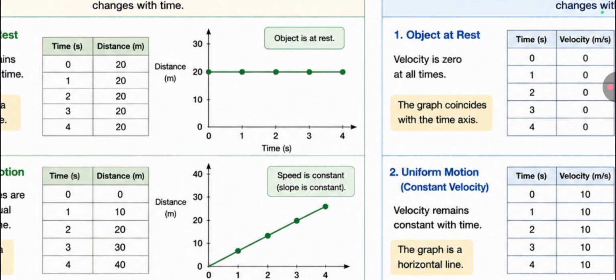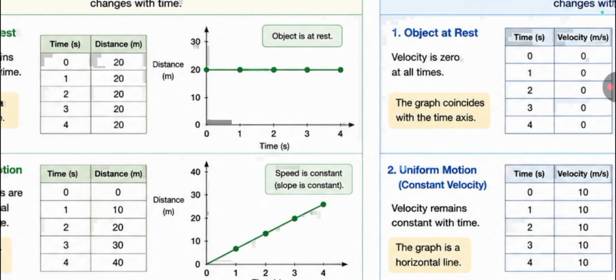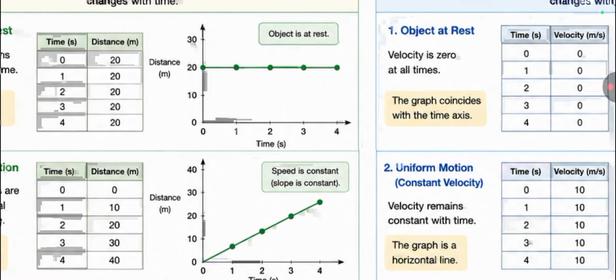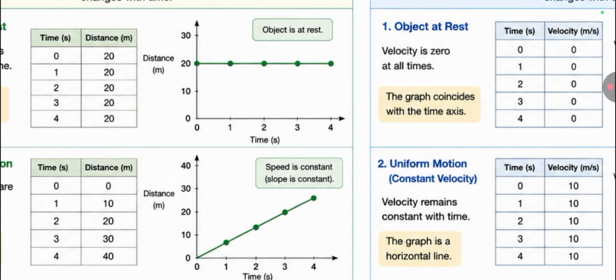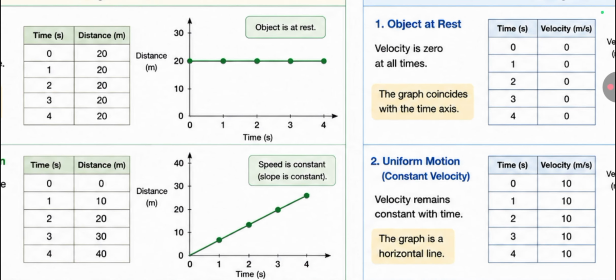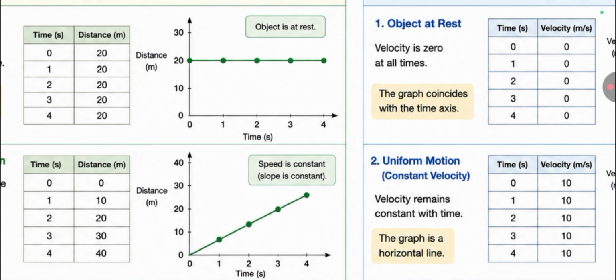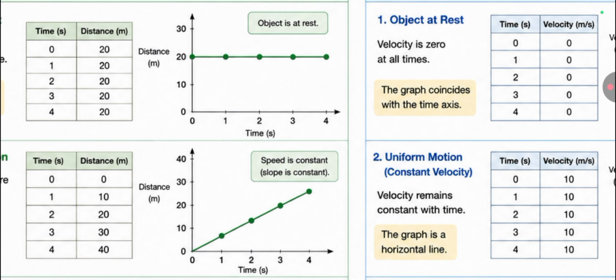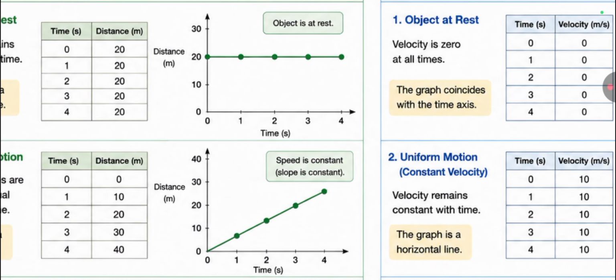At 0 seconds the distance is 20 meters. After 1 second it has not moved, so the distance is 20 meters. In 2, 3 and 4 seconds the distance is still 20 meters. Here the object is not moved, so the distance is not changed, so it indicates a horizontal line. In this case the object is at rest.